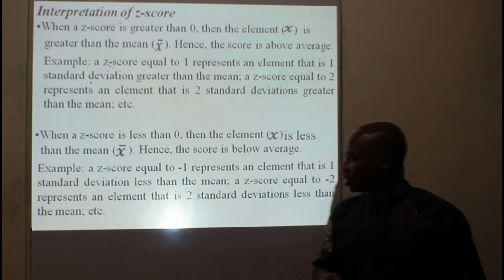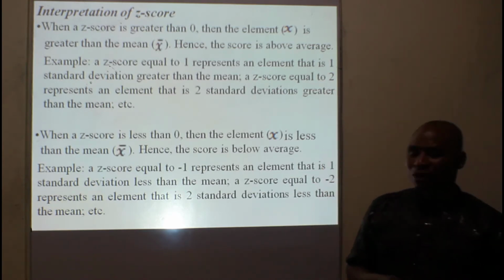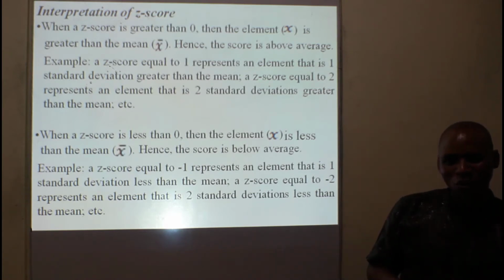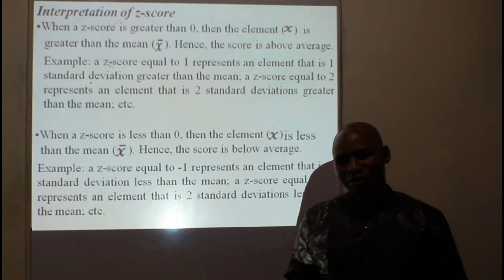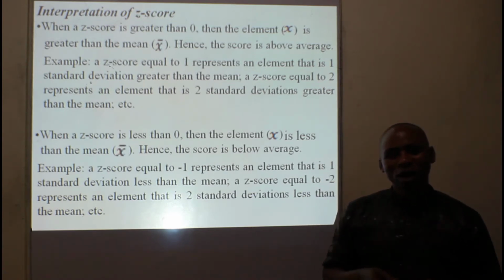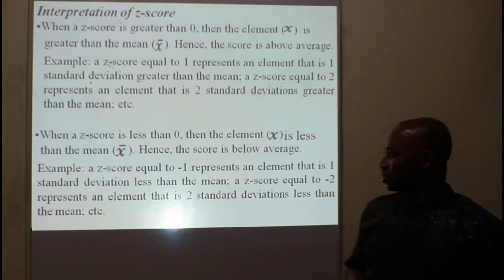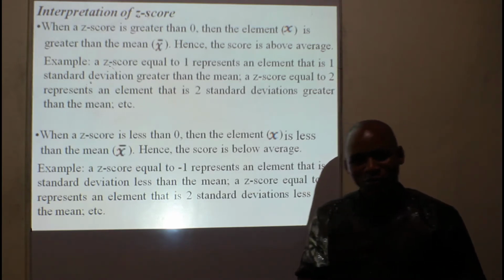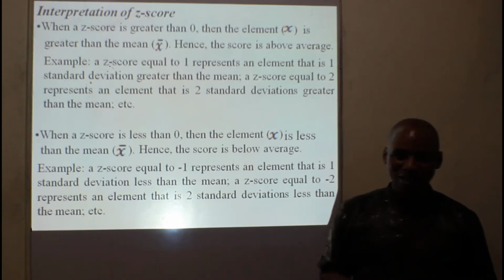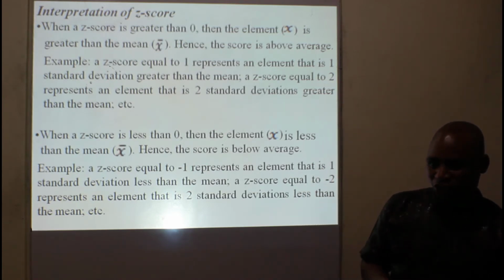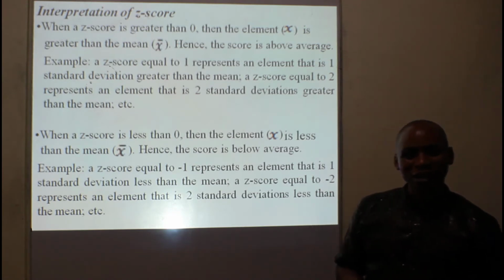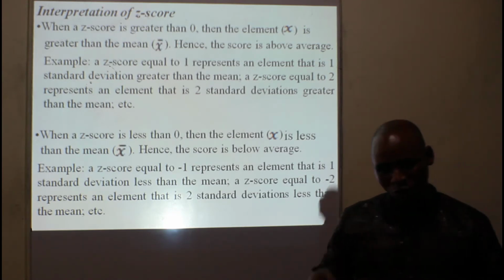Let's consider the second situation. When it happens that the z-score obtained is less than 0, then what it means is that the item or the element in the data under consideration is less than the mean of the whole data set.